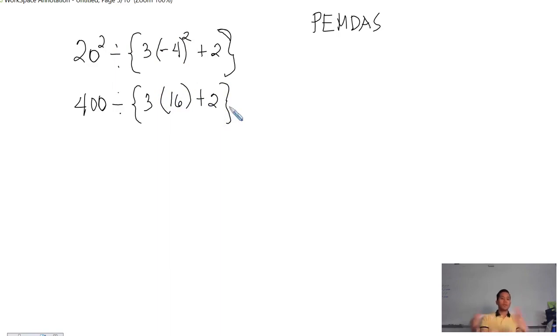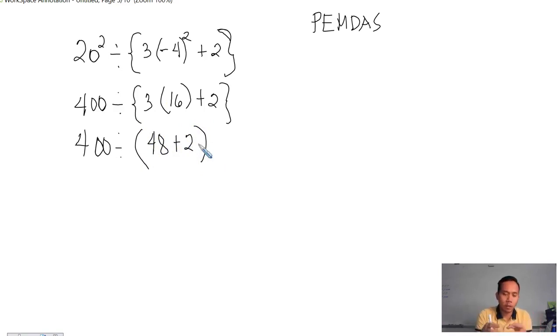All right, so what's next? So 400 divided by, of course, we have the parenthesis here, 3 times 16, which will give us 48, plus 2. Take a look at the groupings: 48 and 2 are in one group, so that's another parenthesis.